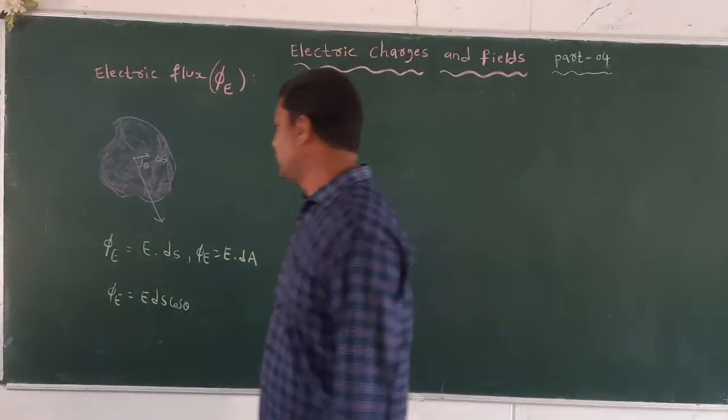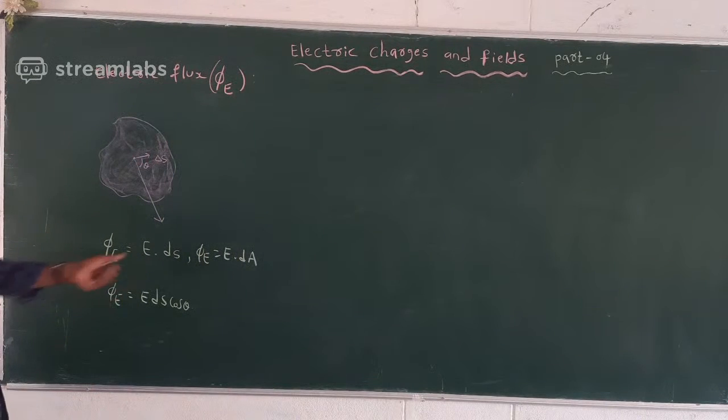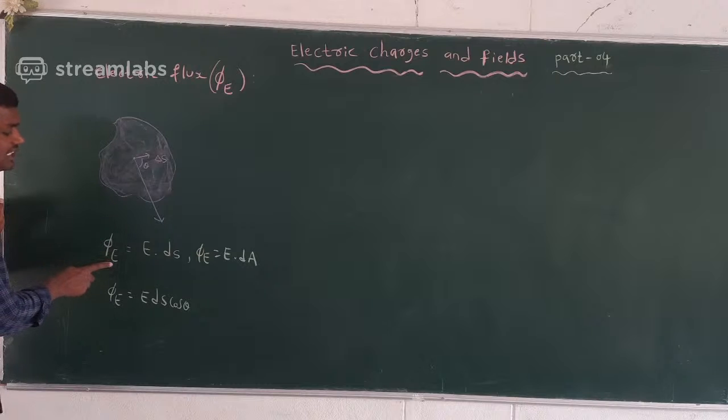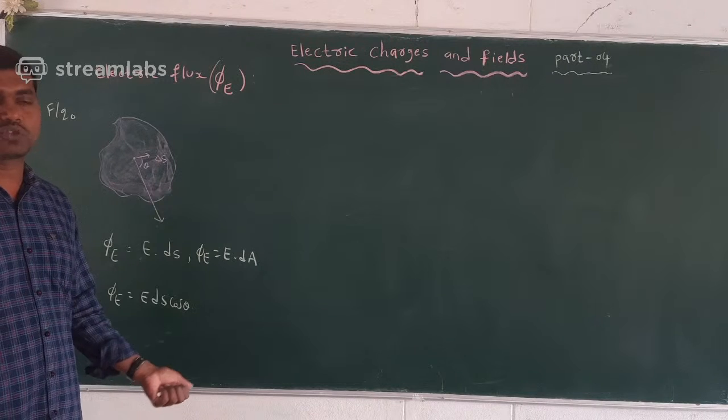Next, the SI unit of electric flux. The equation is phi suffix E, where E means electric field. We already know electric field intensity: E is equal to F by q naught, or F by q, force per unit test charge.